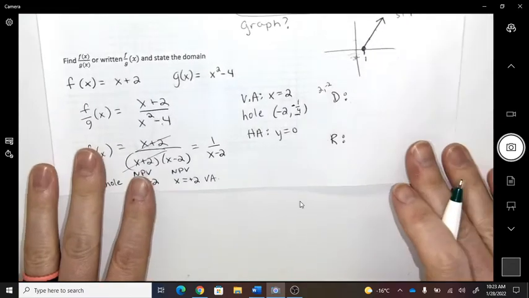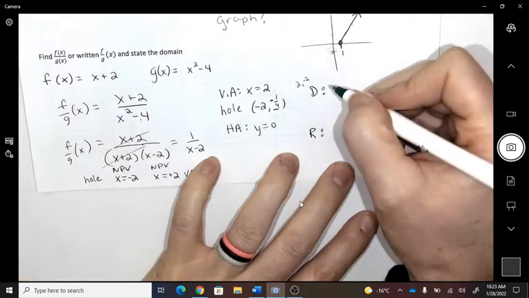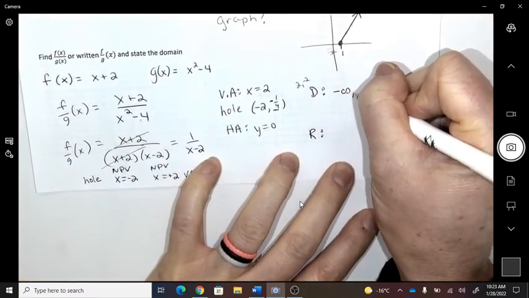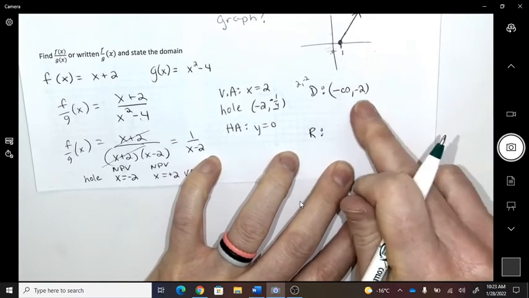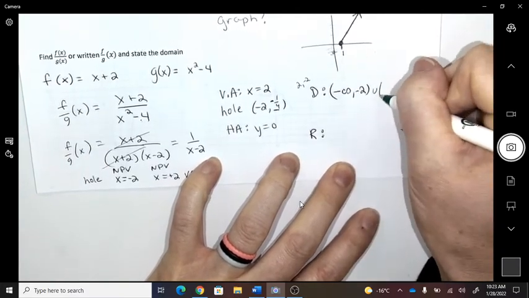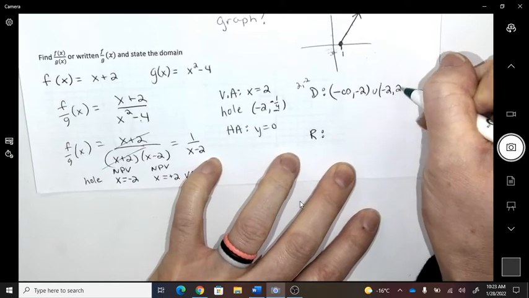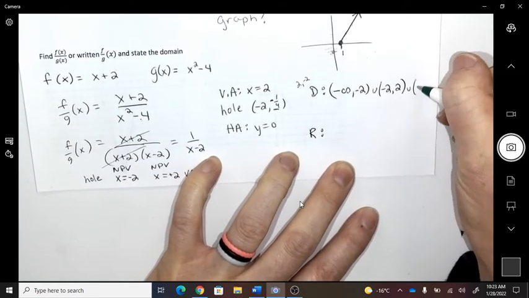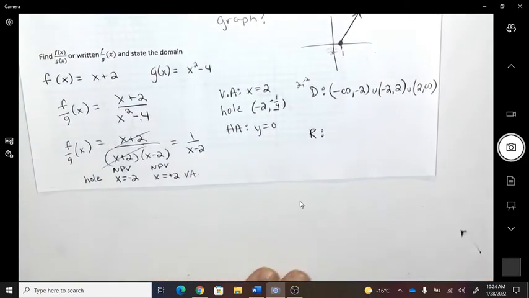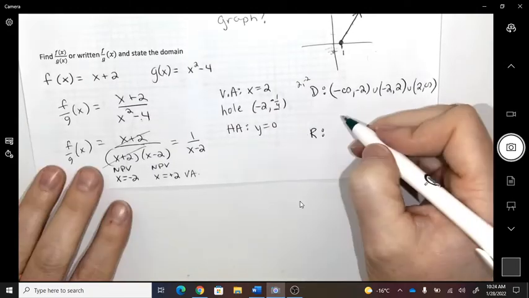So I'm going to show you two ways you can write this. So you could go -∞ to -2. Make a skip, -2, and then once you get to 2, you have to skip, and 2 to infinity. So that's showing me every time you hit a -2 you skipped, a 2 you skipped.